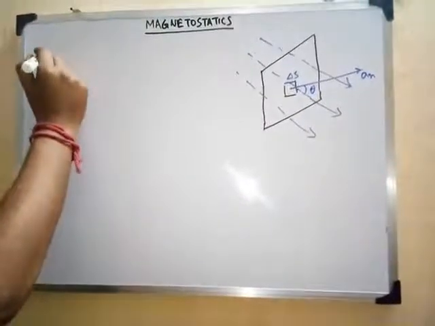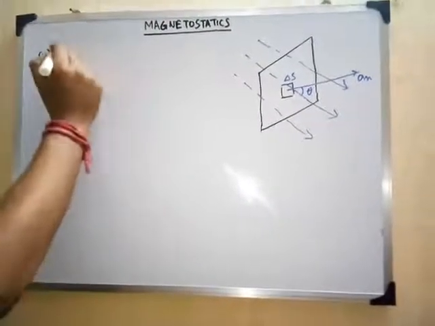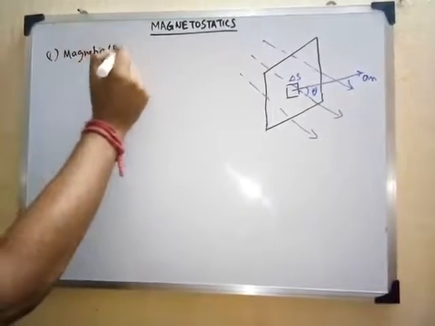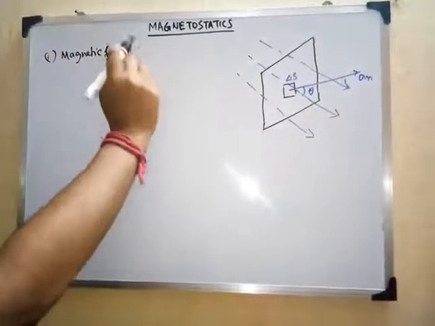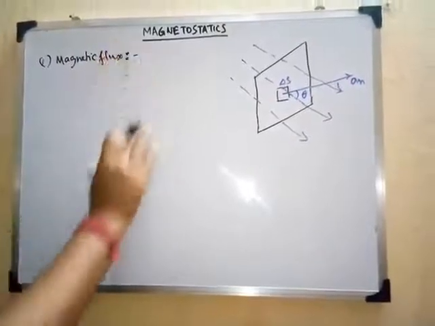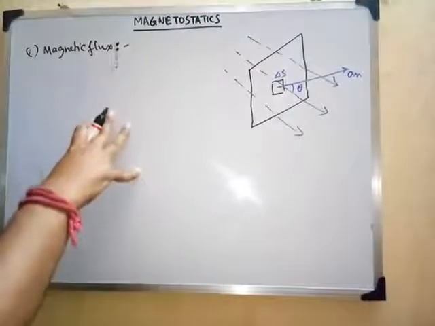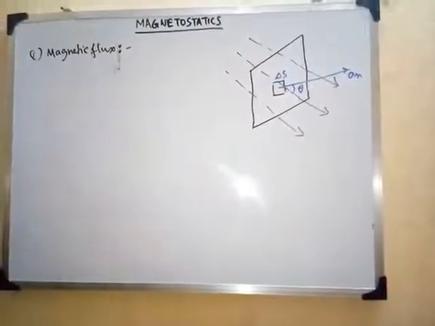First, what we are going to study in this section is magnetic flux. As you know, the concept of electric flux, which we studied in electrostatics, is similar to this one.